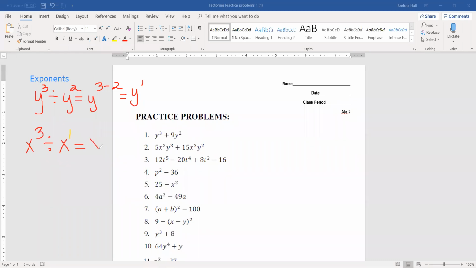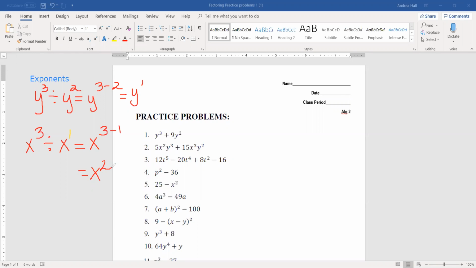So x cubed divided by x to the first power would be x to the 3 minus 1, and 3 minus 1 is 2, so that would be x squared.